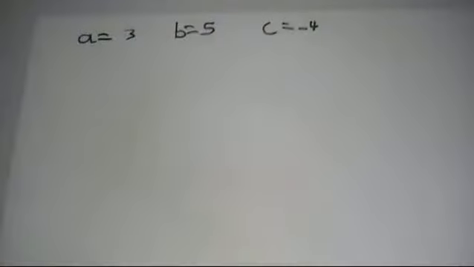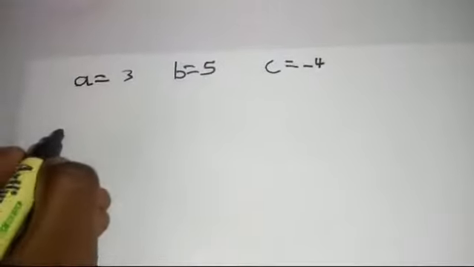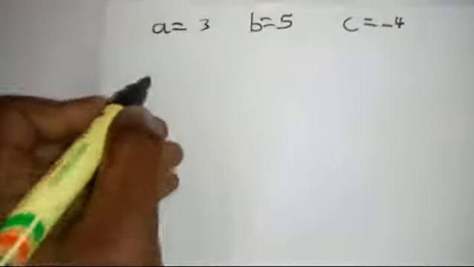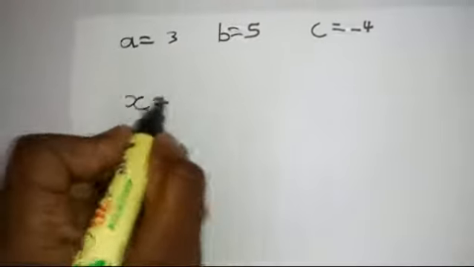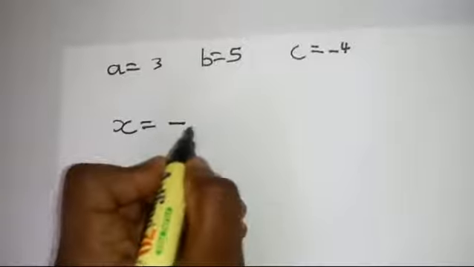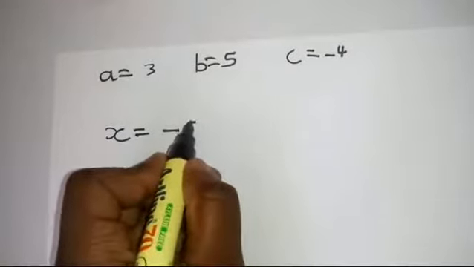Then we substitute these values into the quadratic formula. It will look like this. Here we put B, which is 5.